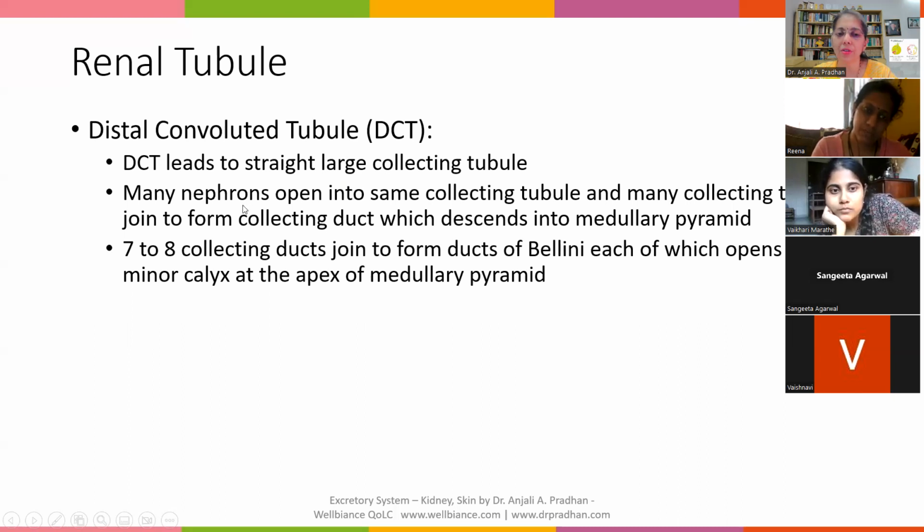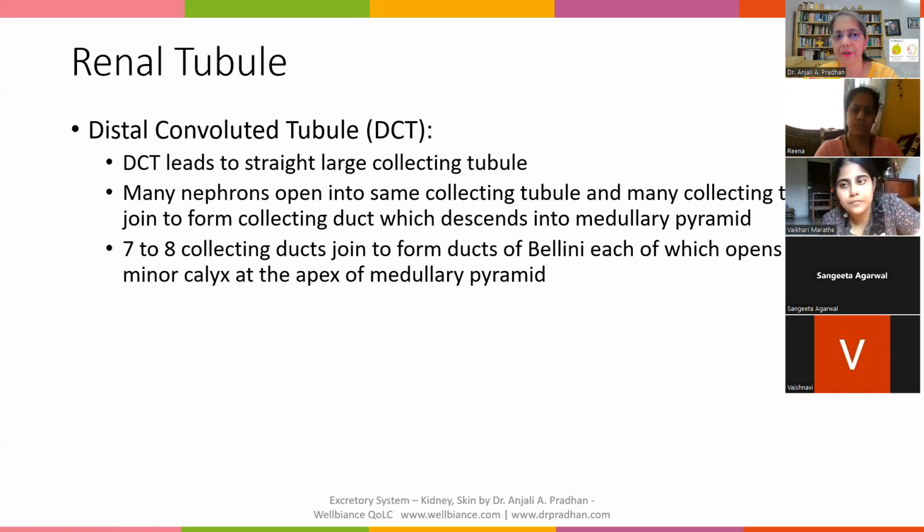There are many nephrons, because we have seen around 1.5 million nephrons are present in each kidney. So many nephrons open into the same collecting tubule. Then these collecting tubules join to collecting duct, and this collecting duct descends into medullary pyramid.